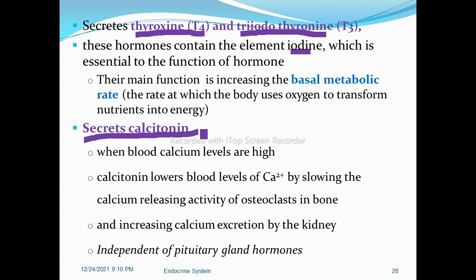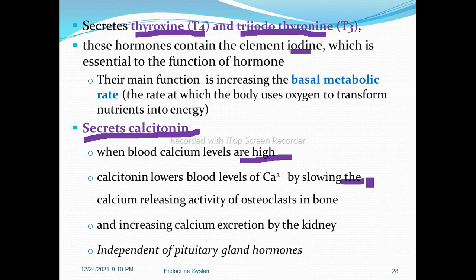Calcitonin is also secreted by the thyroid gland. When blood calcium levels are high, calcitonin lowers the blood level of calcium by slowing the calcium releasing activity of osteoclasts in the bone. By the way, calcitonin in general controls the calcium level found in the blood.